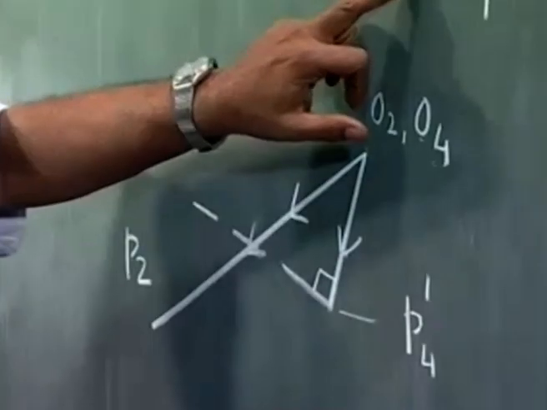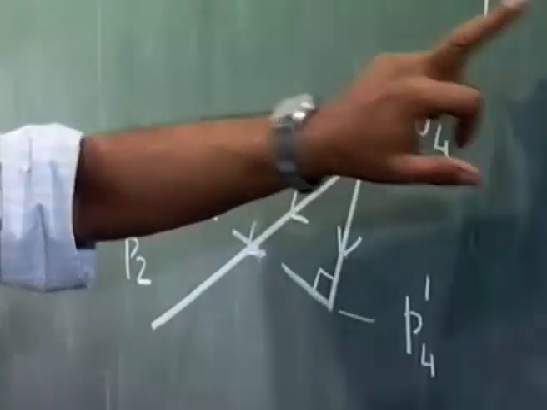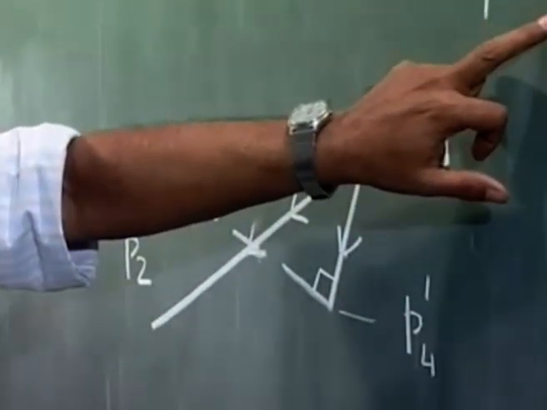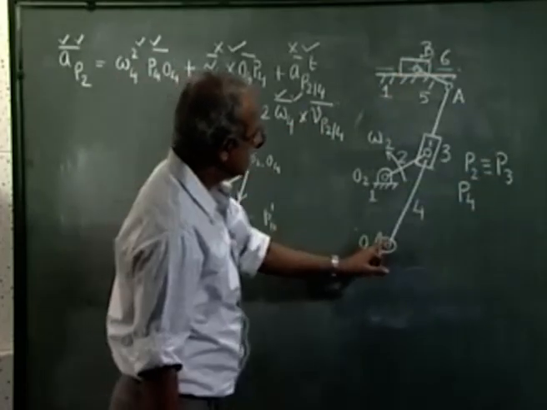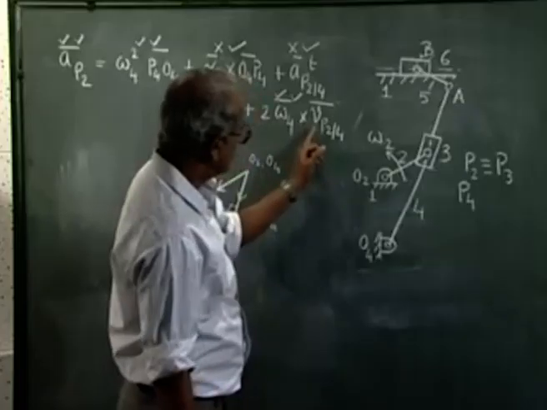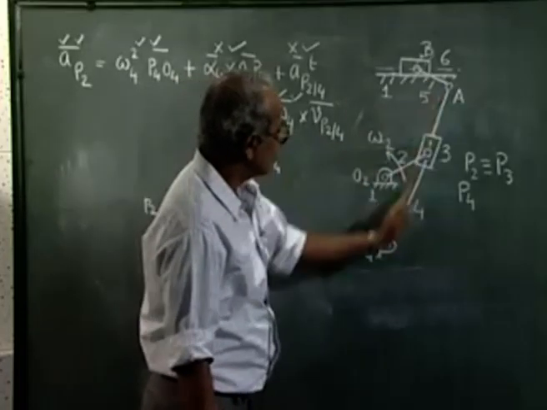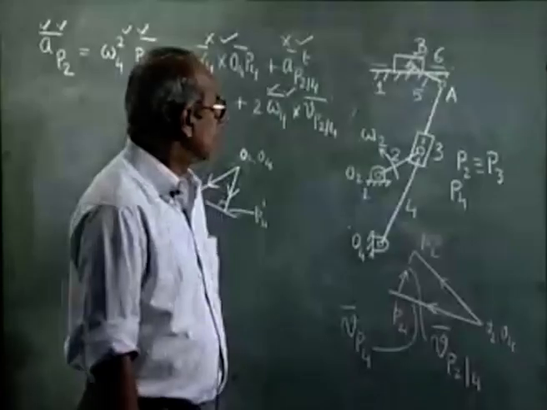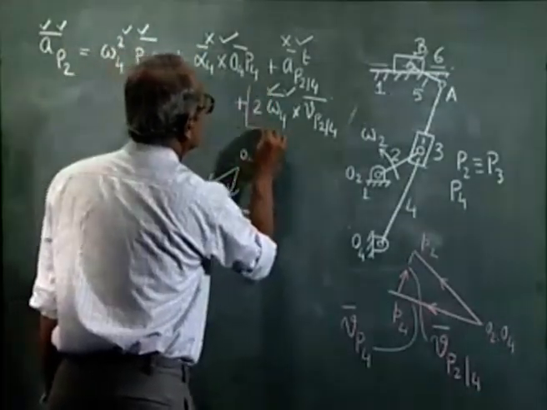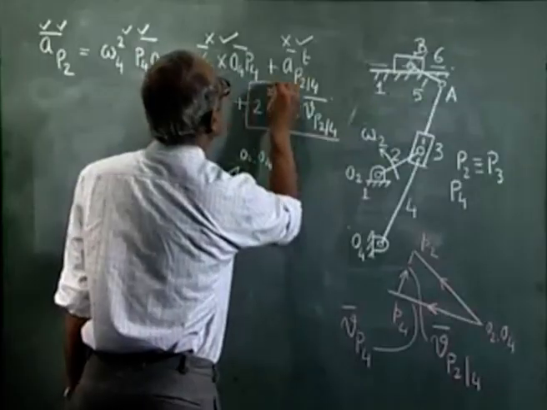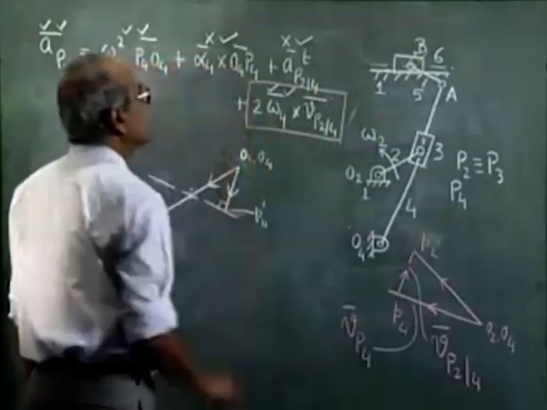Now, twice omega 4 cross Vp24 is completely known, and that is perpendicular to this O4A, because Vp24 is along this O4A. This is the Coriolis component of acceleration, which is completely known.